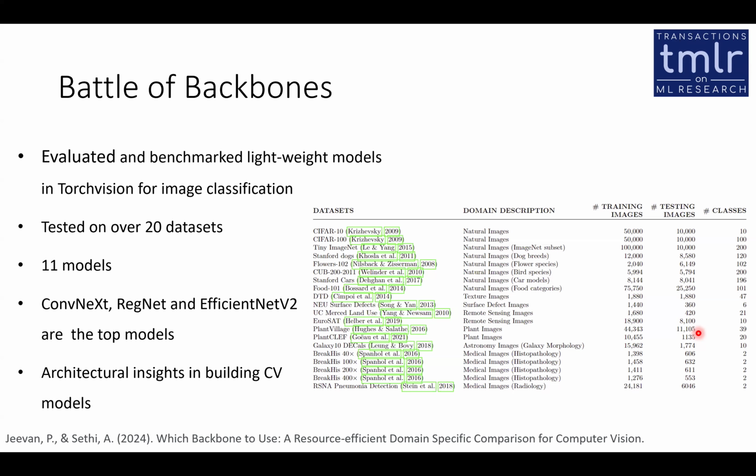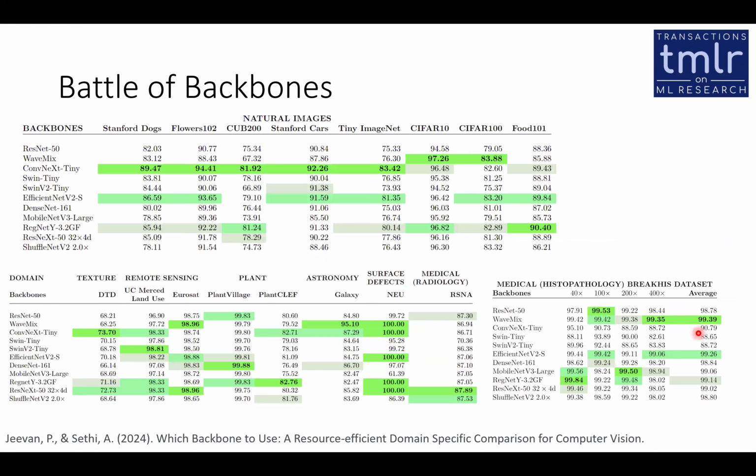Then we looked at the most popular architectures that people use, which are the models from Torch Vision. From that, we took 11 of the most popular and used architectures to see how they perform across these different domains, and also to check whether we can gain some architectural insights in designing new architectures that can be used for these particular domains.